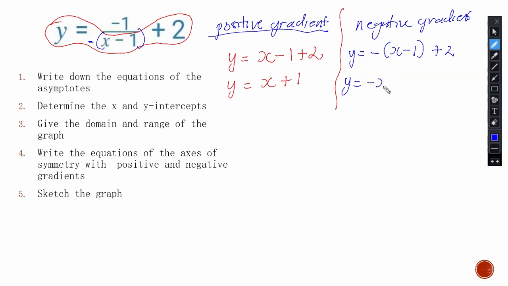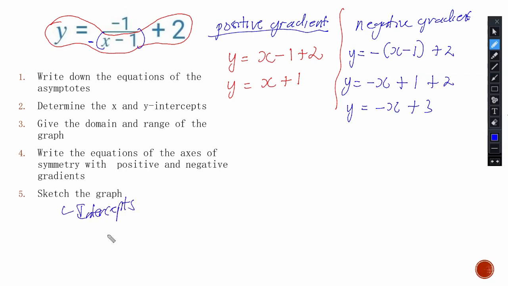So this is negative x and then +1, then plus 2. So this is y is equal to negative x plus 3. And then just like that, we have the axis of symmetry, both that have a positive gradient and a negative gradient. Right. Then sketch.